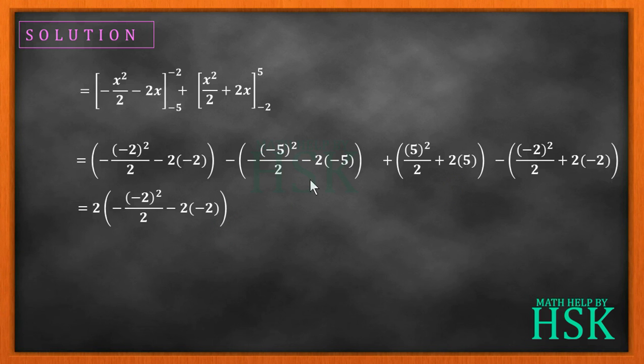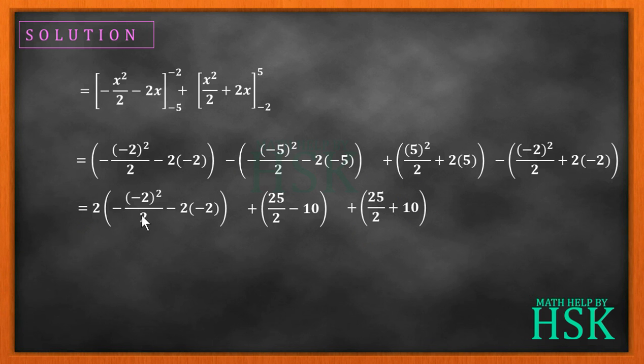And next, this is going to become 25 upon 2, minus minus plus, and this will become plus 10, and this minus sign outside the bracket gives us minus 10. In this term, 25 upon 2 plus 10, this 10 and 10 cancel out, and 25 upon 2 will become 25.